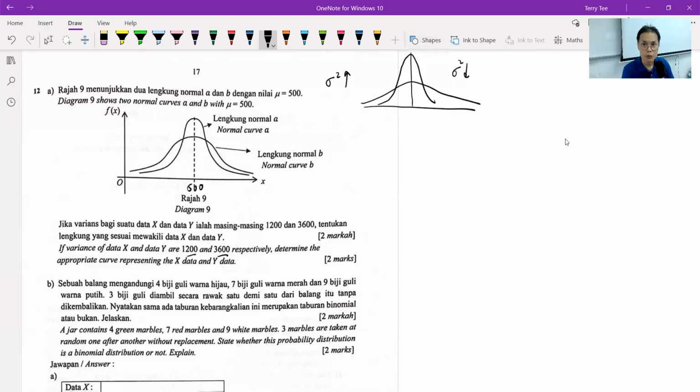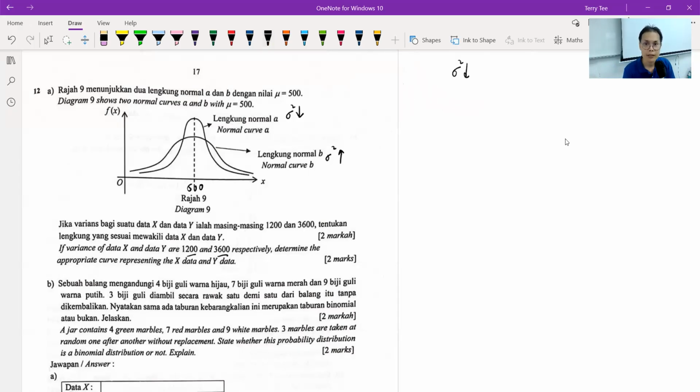For the same mu or mean, data is closer to each other, therefore the graph is a bit taller, right? So in this case, definitely the normal curve A will have a lower variance or standard deviation, all right? Normal curve B will have a higher variance or standard deviation, okay, because it's more spread out from each other.